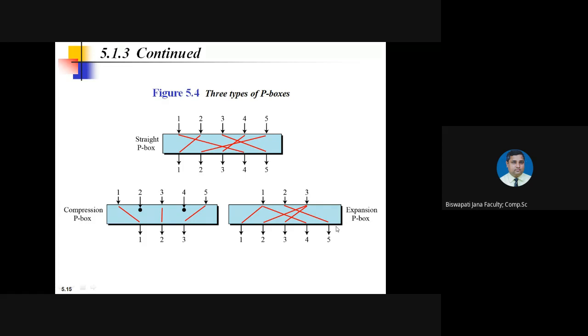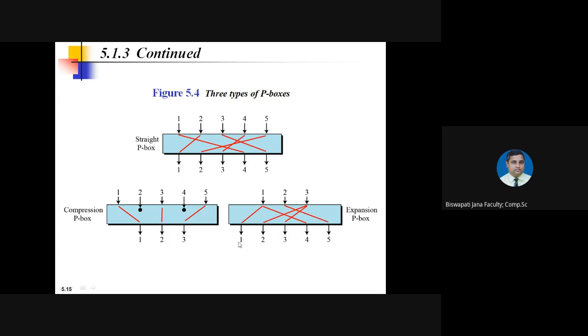Another is called the expansion box. Expansion means suppose we have used 3 bits, 1, 2, 3, but at the output level it becomes 5 bits. That means some bits have been replicated, some bits have been doubled, meaning 2 and 3 are taken from bit 3, and again 1 and 4 are taken from bit 1.